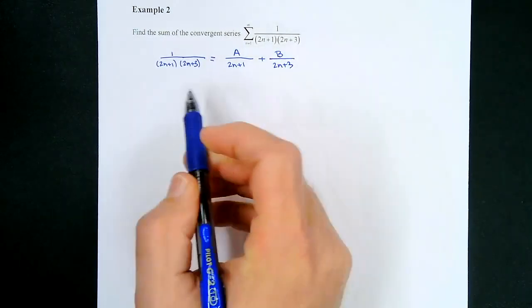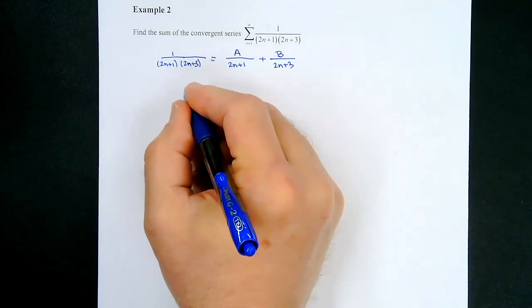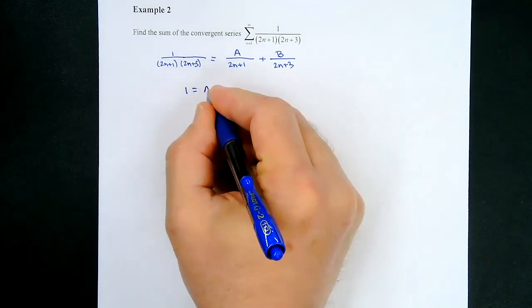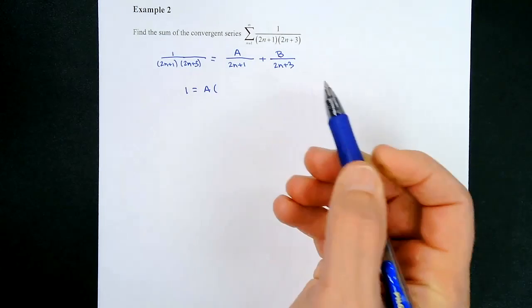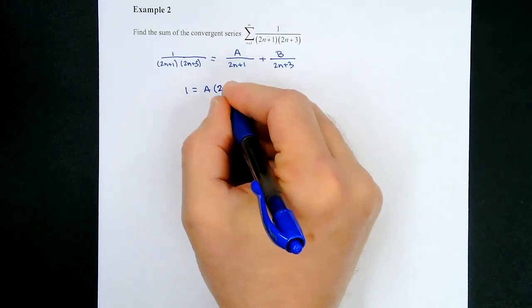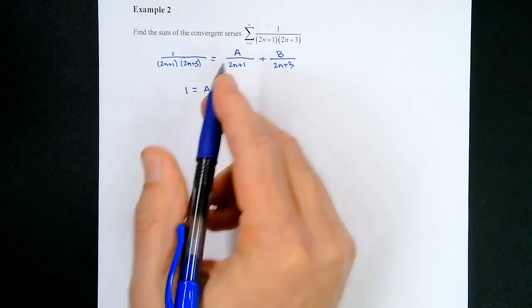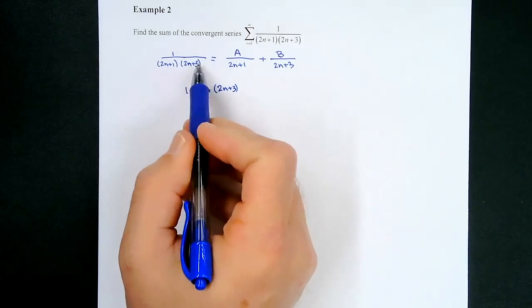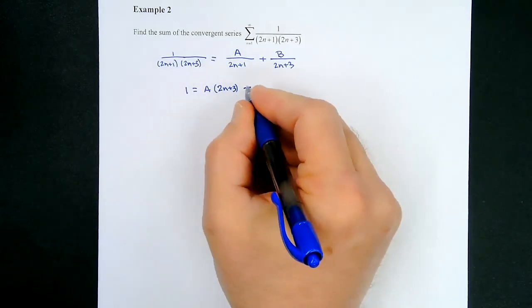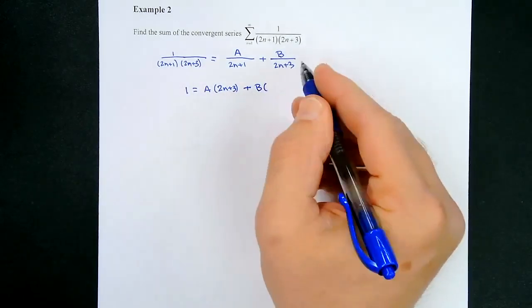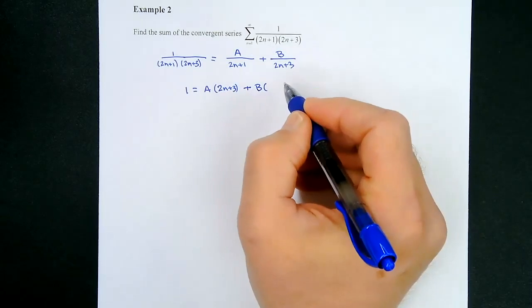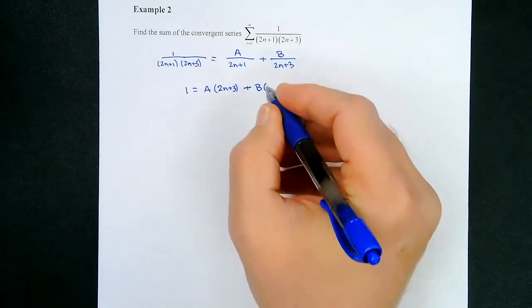So we're going to multiply to clear out all of our fractions. That's going to give us 1 is equal to a times 2n plus 3, so I'm multiplying both sides of this equation by the 2n plus 1 and the 2n plus 3, and then plus b times, and when I multiply this by the two denominators, I'm going to be left with 2n plus 1.